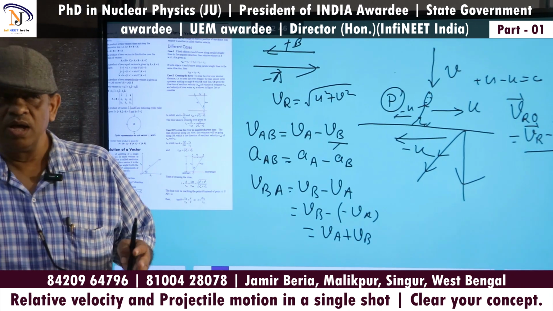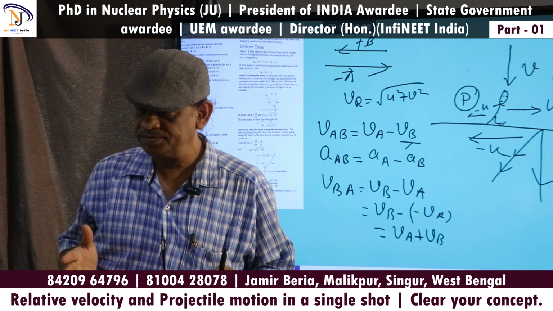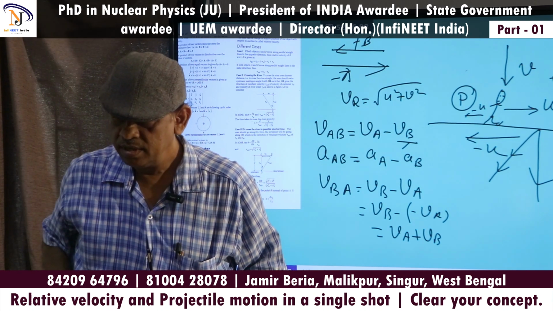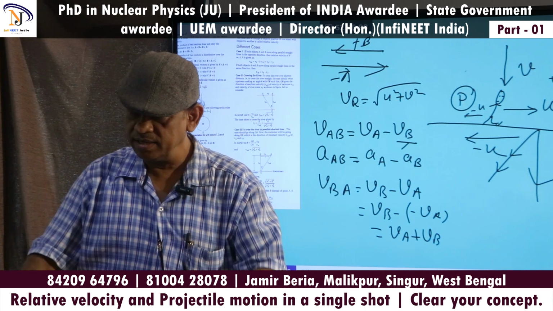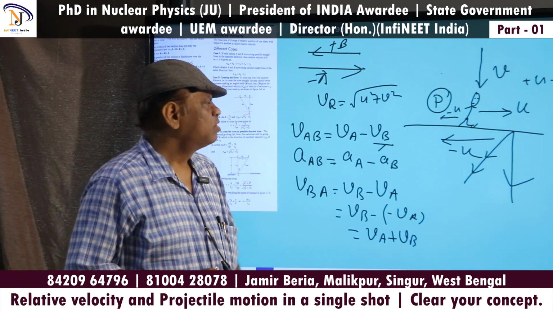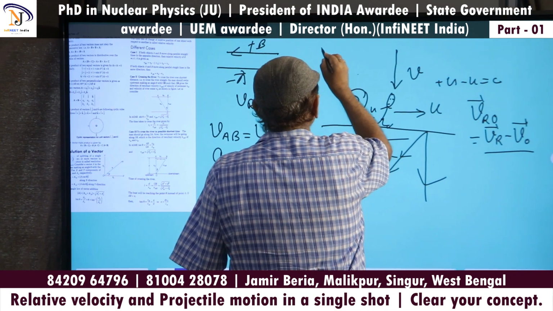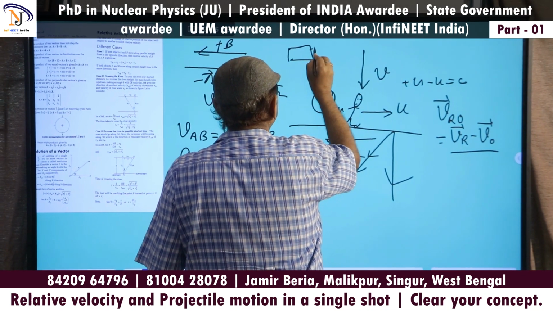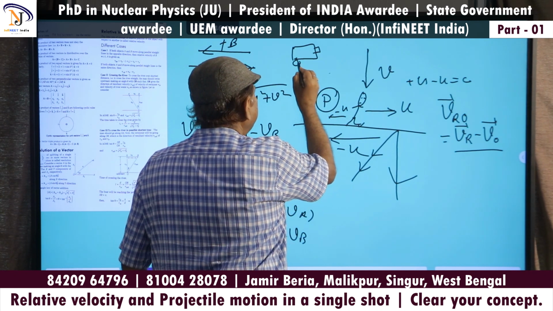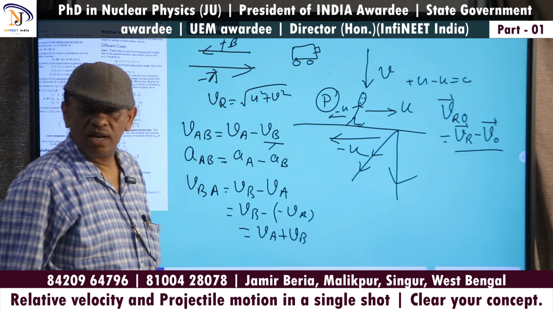Suppose two trains are traveling on the same track. One is moving, suppose two trains, this one is one train. This is, you can say, Singur local.